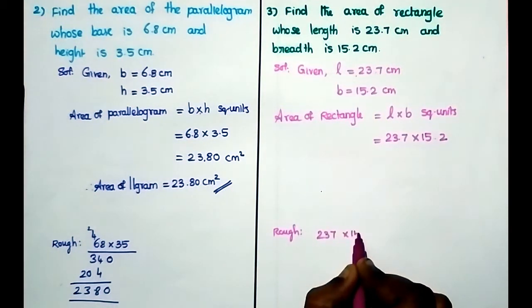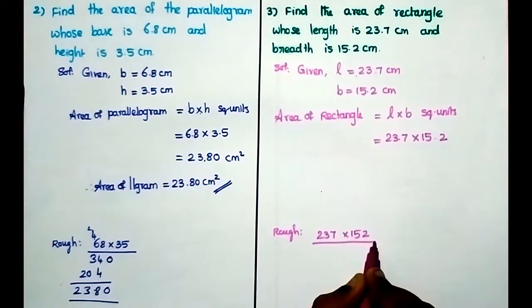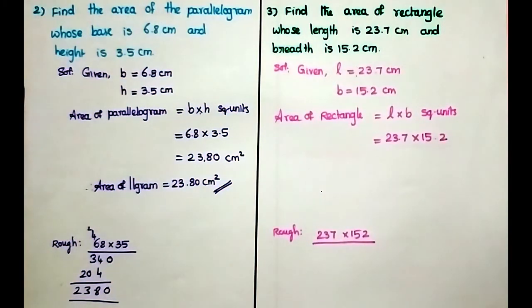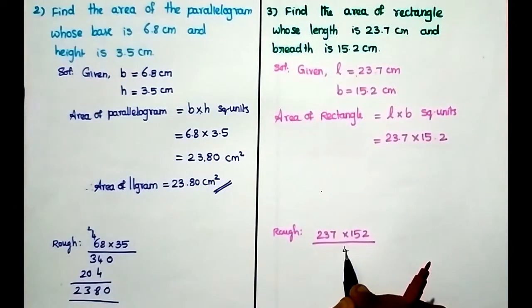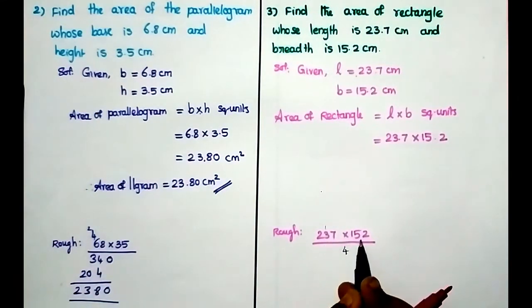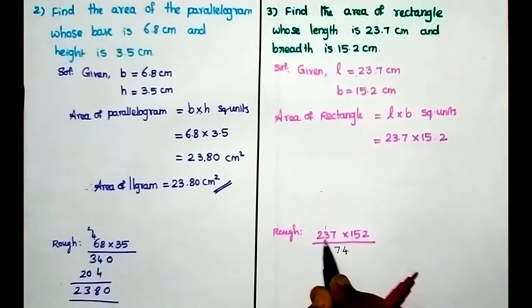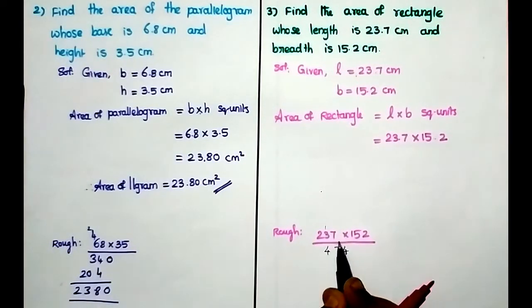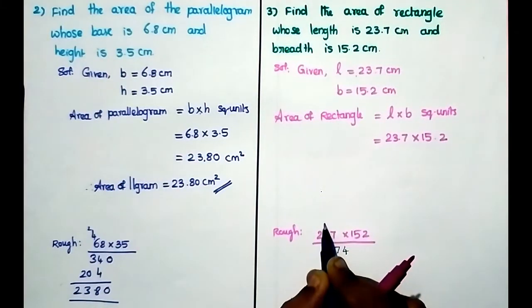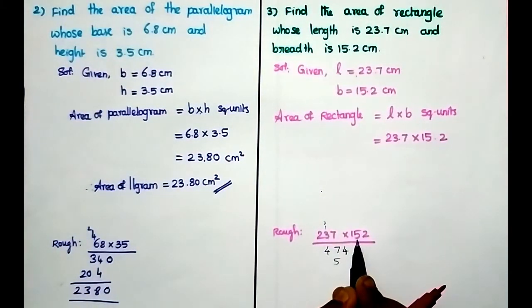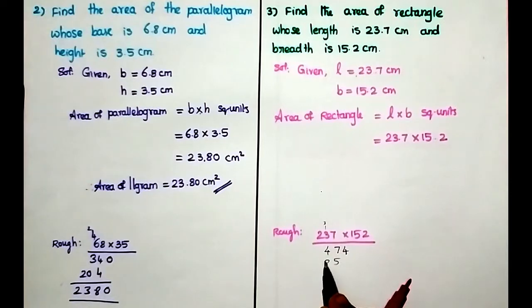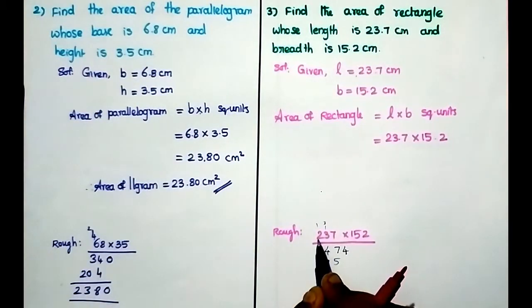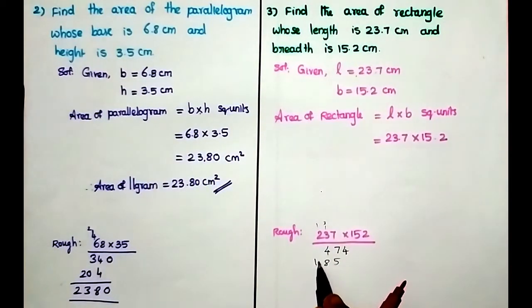237 into 152. 7 2s are 14. Carry over 1. 3 2s are 6 plus 1, 7. 2 2s are 4. Next, fifth table. 7 5s are 35. Carry over 3. 3 5s are 15 plus 3, 18. Carry over 1. 2 5s are 10 plus 1, 11.